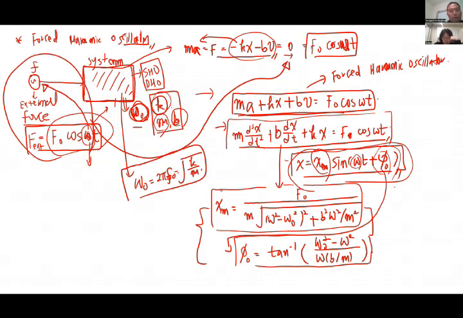Okay. So now, if you plot the amplitude in terms of frequency, you have a graph. You plot the amplitude of the system, which could be x, and this axis is omega.